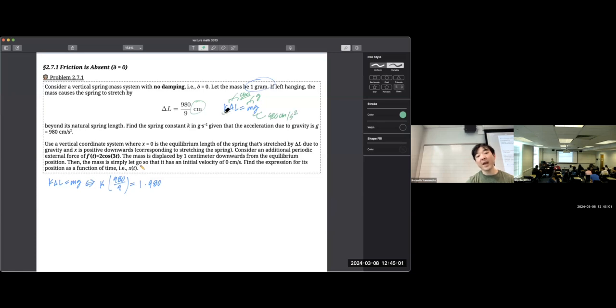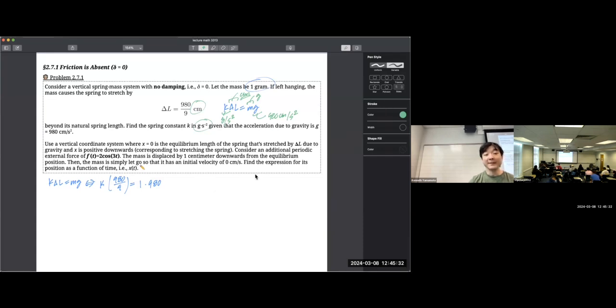This will give you K in units of grams over seconds squared, which is what they say right here. So g could be 32 feet per second squared, 9.8 meters per second squared, or 980 centimeters per second squared. There are many ways to describe g depending on the units you use, but you have to make sure it's consistent with the rest of the units in the problem.